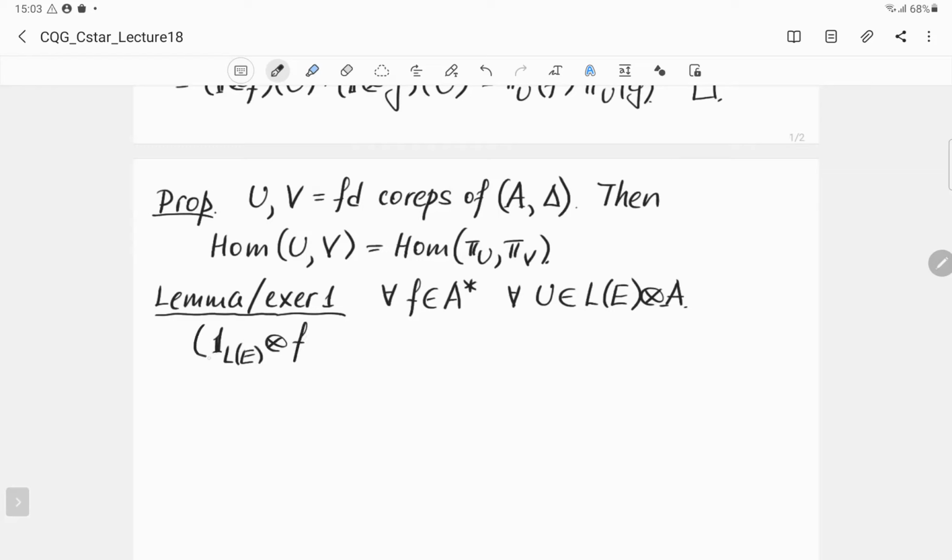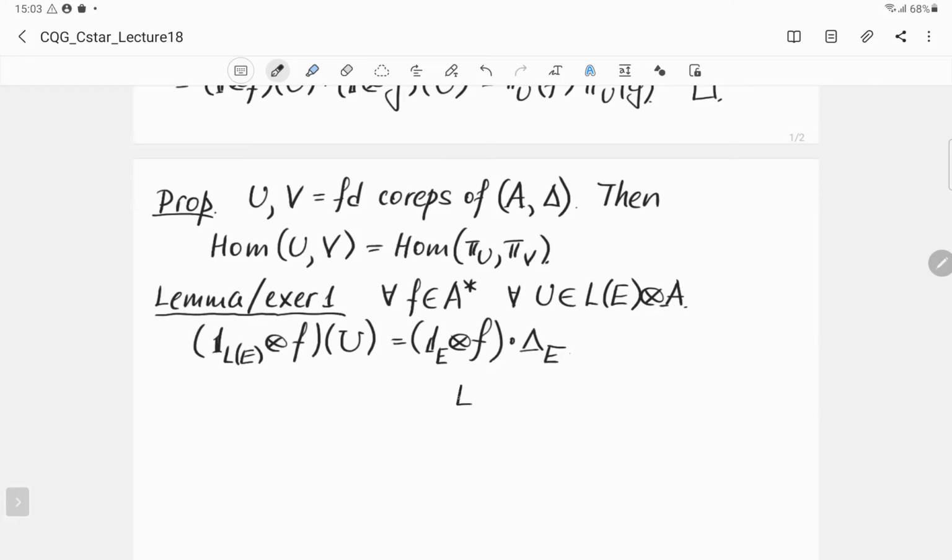So this is the operator which appears in the definition of pi U. And the same operator can be written as follows. Clearly both sides are operators on E, because, well, let's write this down. The right-hand side, what is the right-hand side?